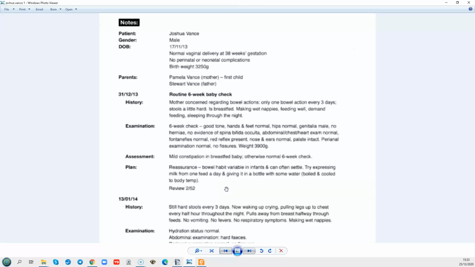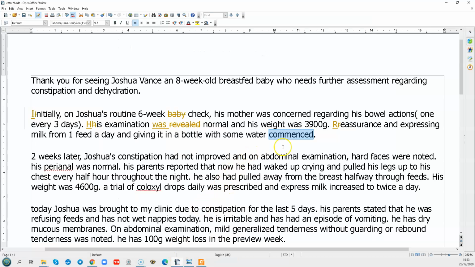So that's what you told her. So you basically said to her, this is not necessarily a problem. It can often settle. What you should try, take some milk, put it in a bottle. Okay, so it's not as if it was commenced as a course of treatment, because you advised her or told her to. So you reassured her that this was normal, and you told her to try giving some milk. Okay, so that doesn't really work as a sentence.